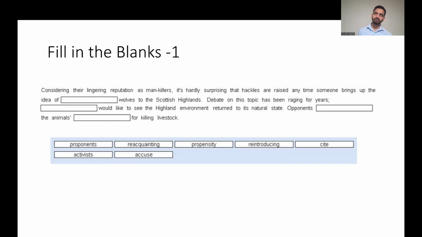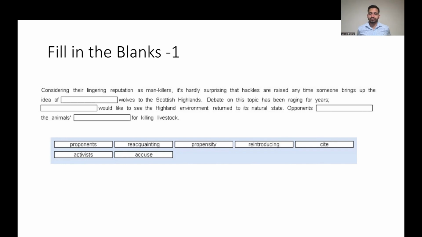With of, normally, brings up the idea of this, in terms of collocation, with of here we would want an ing form of a verb. We've got two of them: acquainting and reintroducing. We've got two verbs with ing, but here reintroducing seems a lot more accurate. So the idea of reintroducing. I'm going to read it as well. I will put the word there and see if it makes sense.